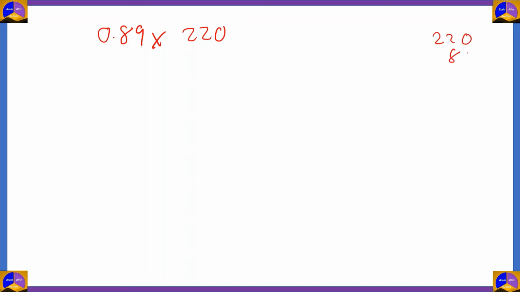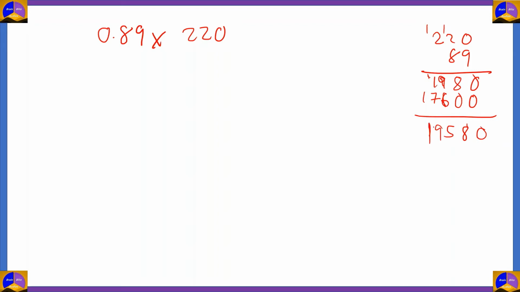So let's multiply 220 times 89. 0, 18, 18 plus 1, 19. 0, 16, 16 plus 1, 17. So we have 0, we have 8. Now we have 15. 1 comes over. 2 plus 7 is 9. And there is a 1. And since there is a decimal point for 2 places, let's add it over here, 2 places to the left.